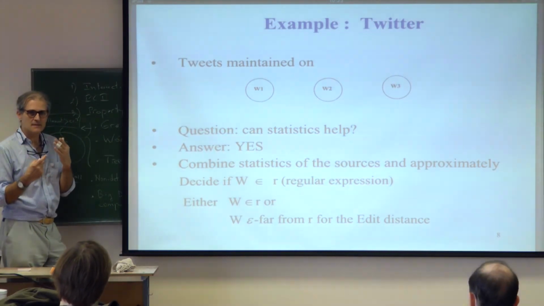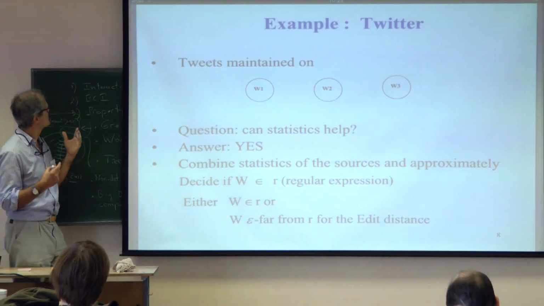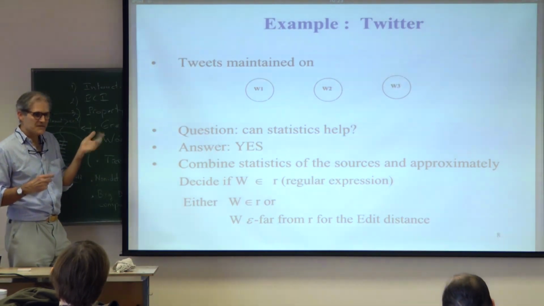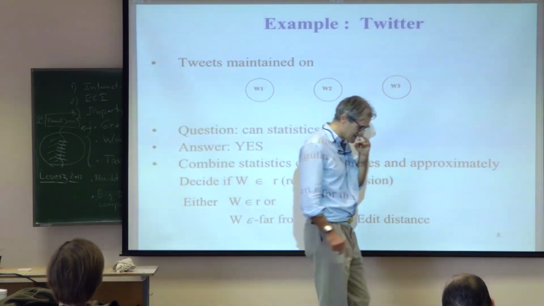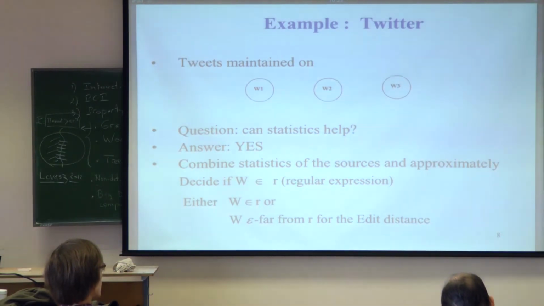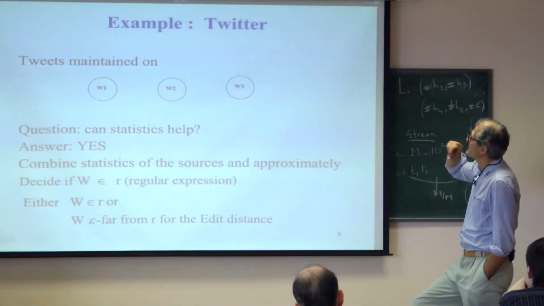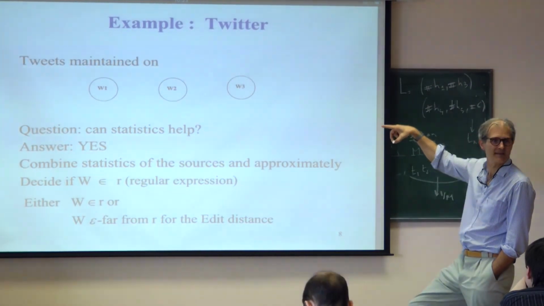And based on the content, people do a lot of things. If you are not familiar, some of my theoretician colleagues in databases have a recent paper in the United States, where they predict the unemployment rate in a state.